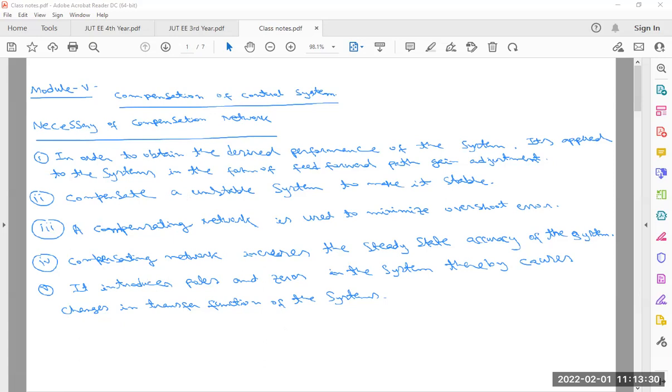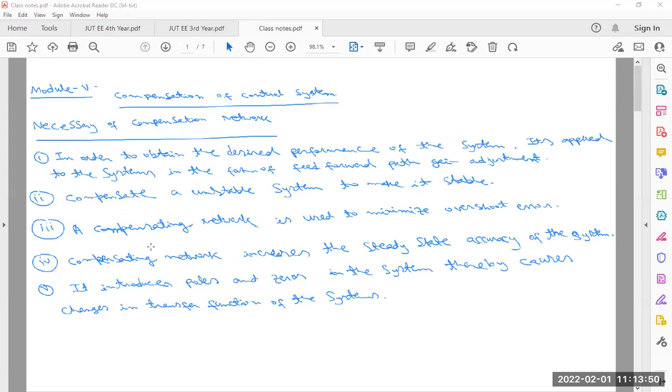In order to obtain the desired performance of any given system, it is applied to the system in the form of feed forward path for the gain adjustment. Number two, this compensation circuit compensates an unstable system to make it stable.